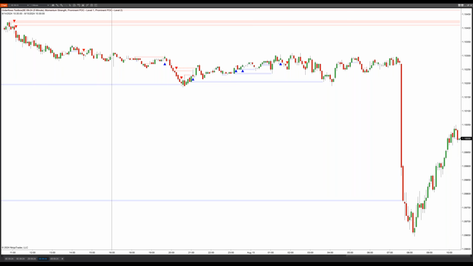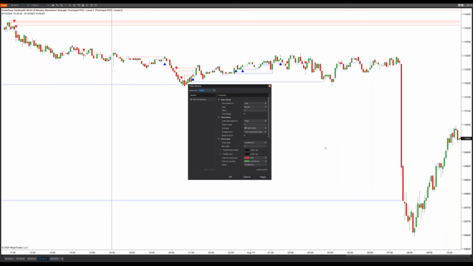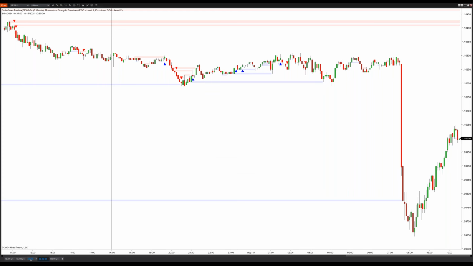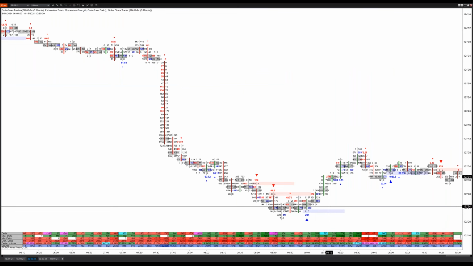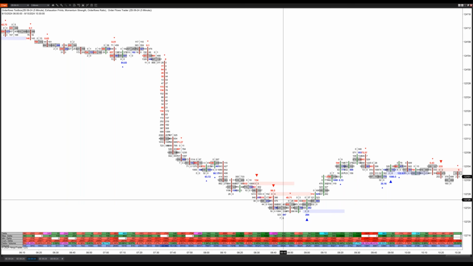Does this indicator work with tick replay? Yes, it does. It does require tick replay because it's reading the information off of the order flow, which you're going to need the tick replay for. The information that you see coming in off of the footprint chart is being read in the background by the Orderflows Toolbox, but then it's combining everything.